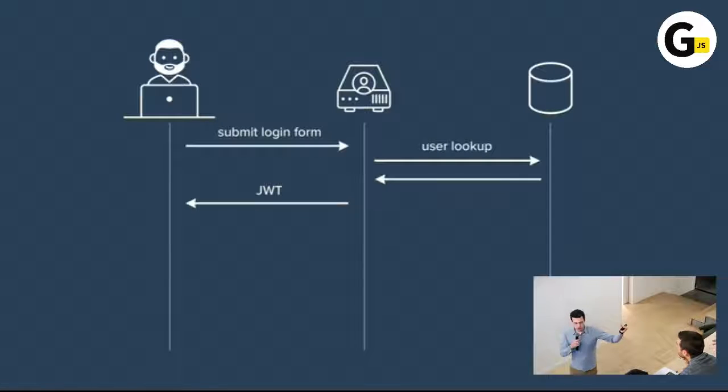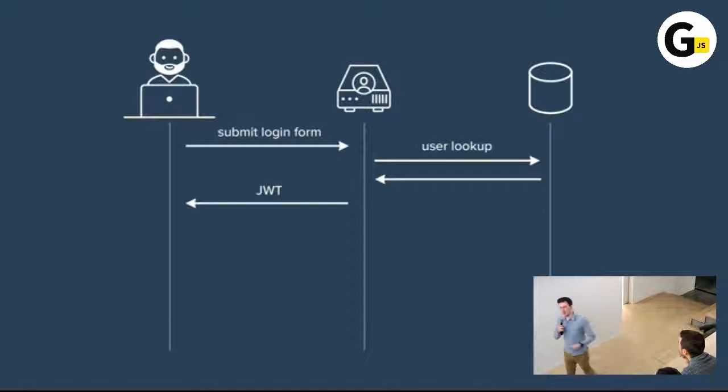It looks up the user in the database, but instead of now going to the session storage, initiating a session, returning that session ID, now we can just immediately generate a JSON Web Token, sign it, because we are the issuer, and return that to the user.